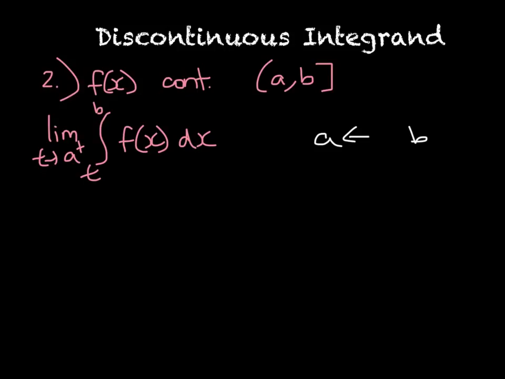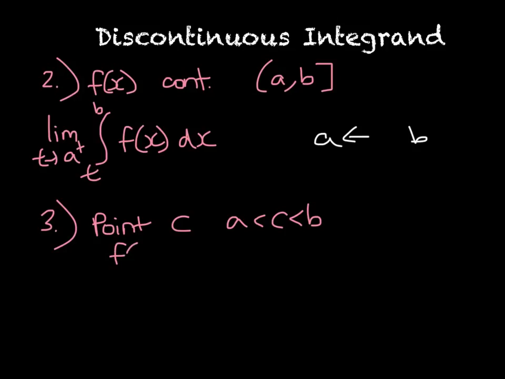And a third case is where we're taking the integral from a to b, and there's some point c where c is between a and b, and the function f of x is discontinuous at c.